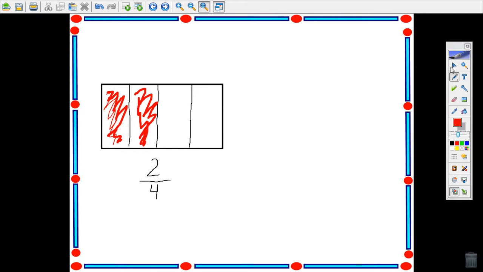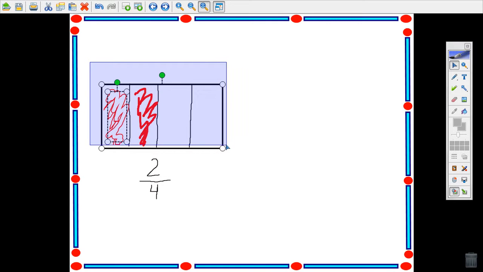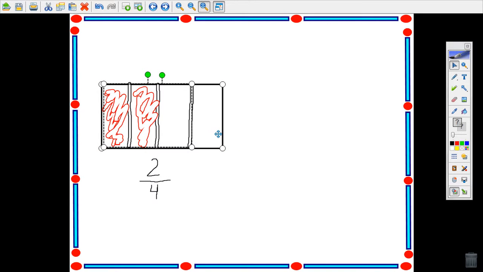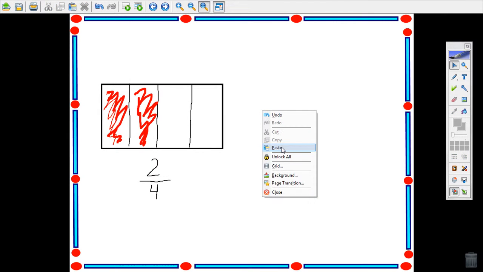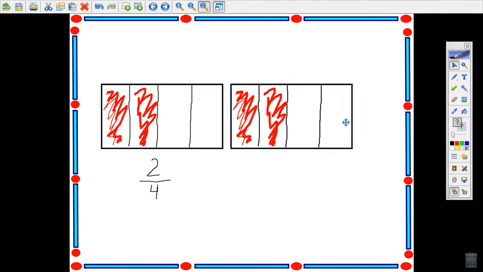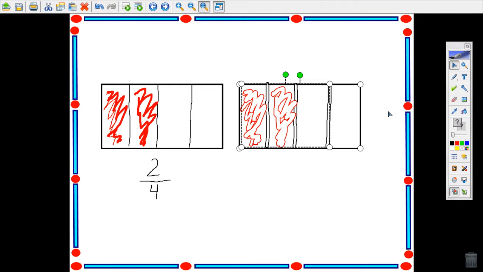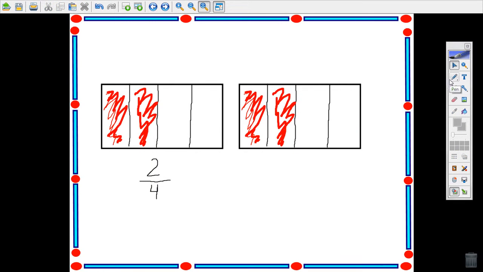Now let's create a fraction that's equivalent to that. So we have 2/4. We want to make a fraction that's equivalent. Equivalent means equal. So it's going to be the same size whole. We're just going to cut the pieces into different sizes.